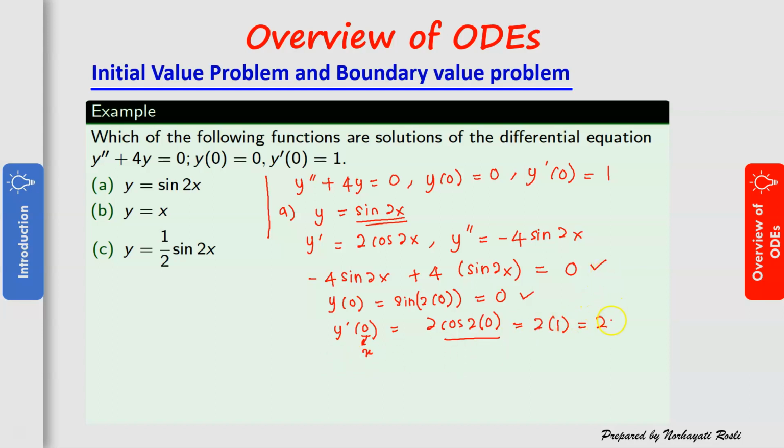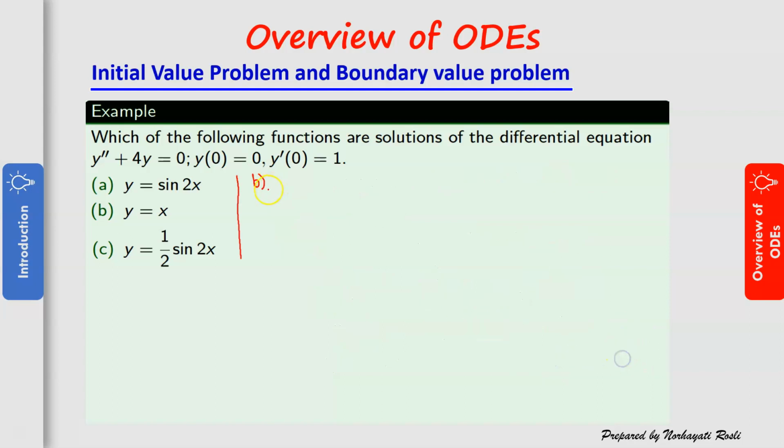When we see here, this one does not fulfill y prime(0) equal to 1. This means that it is not equal to 1. So as it does not fulfill this condition, we can say that y equal to sine 2x is not a solution for this differential equation.